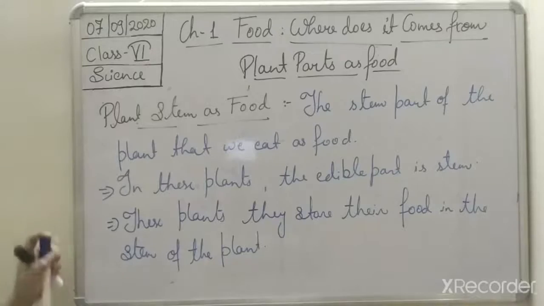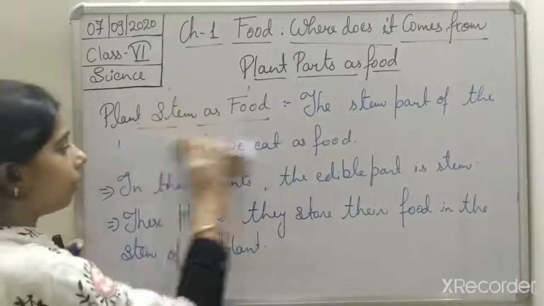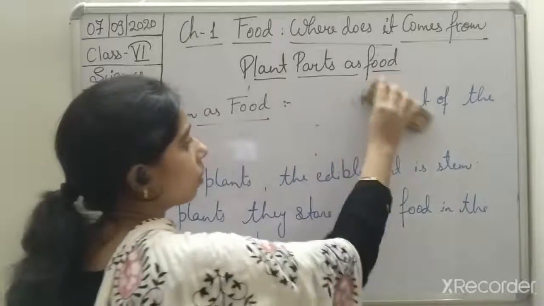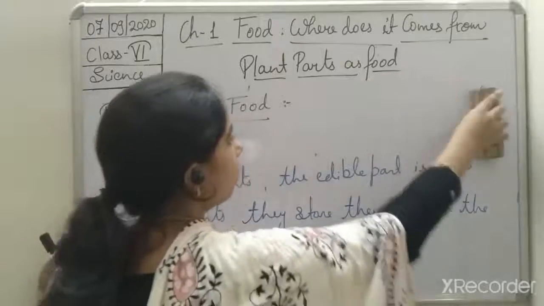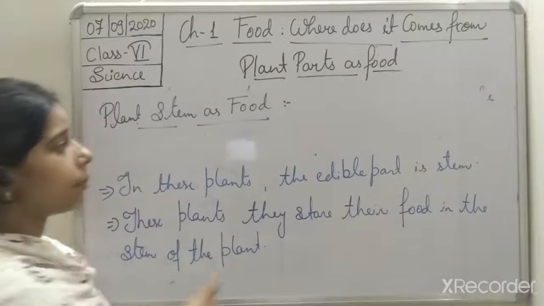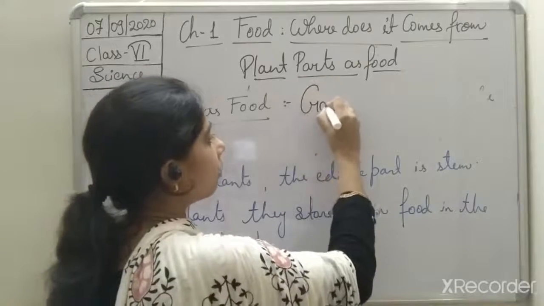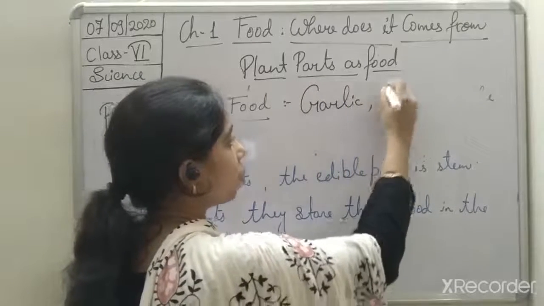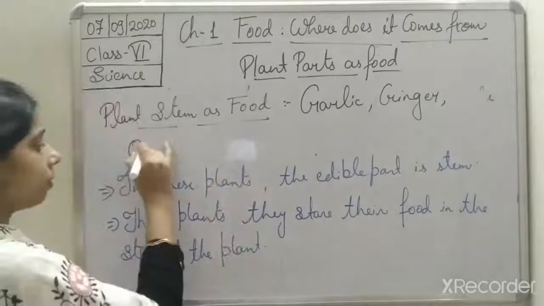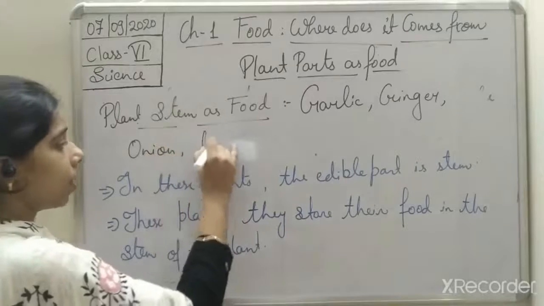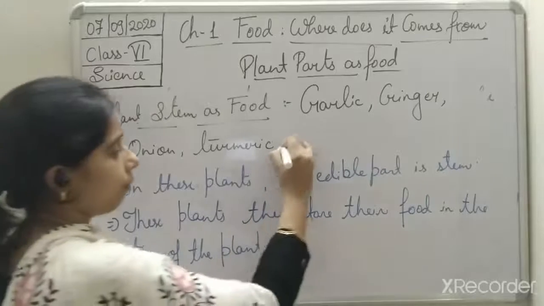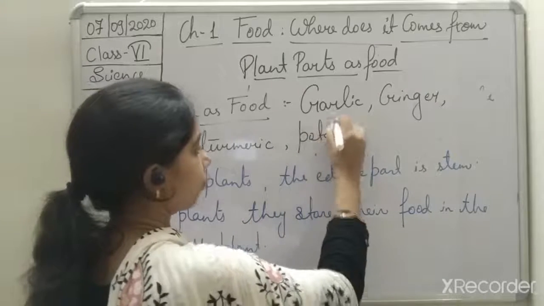Now what are the different examples, students, in which the food is stored in the stem of the plant? So examples are, you can see, garlic, ginger is there, then onion, turmeric, okay, potato.